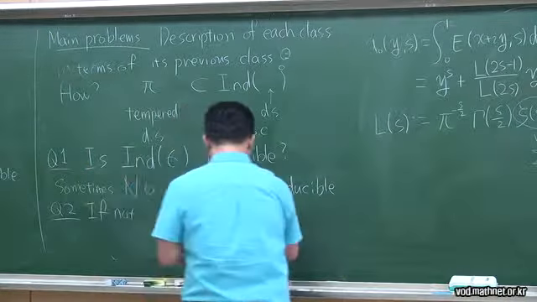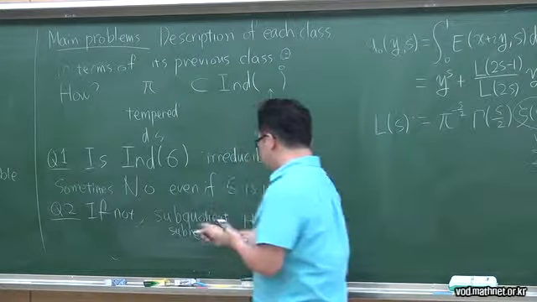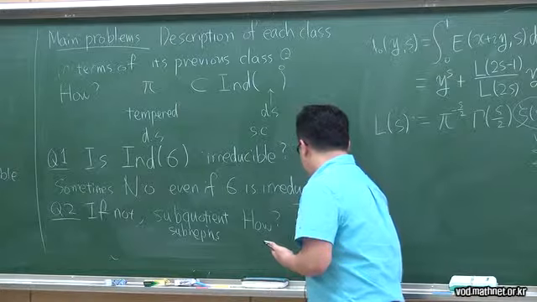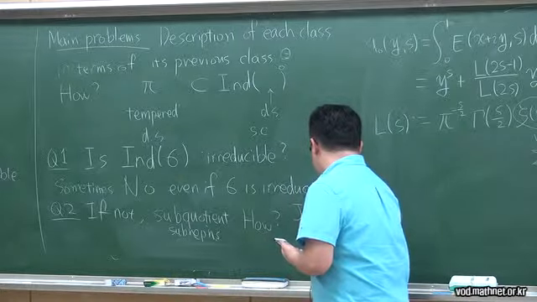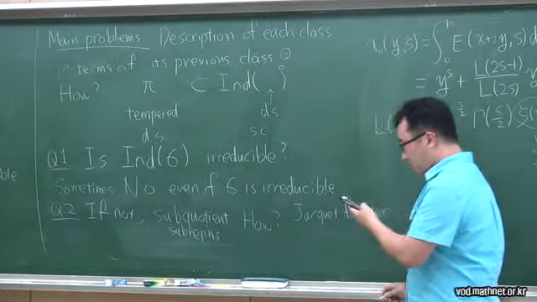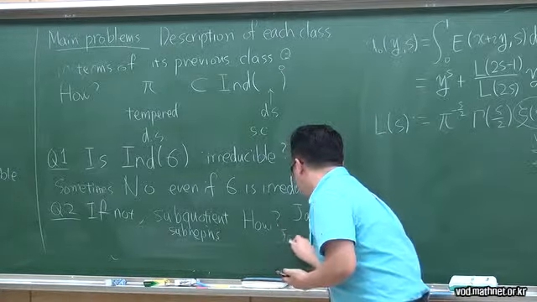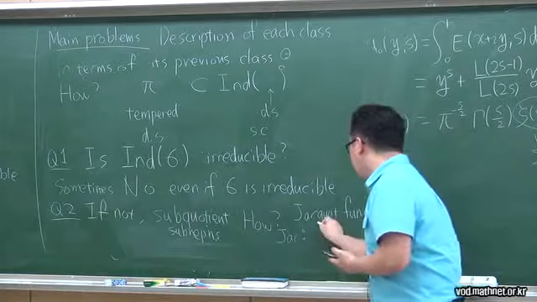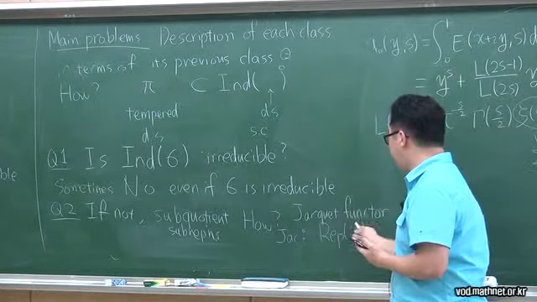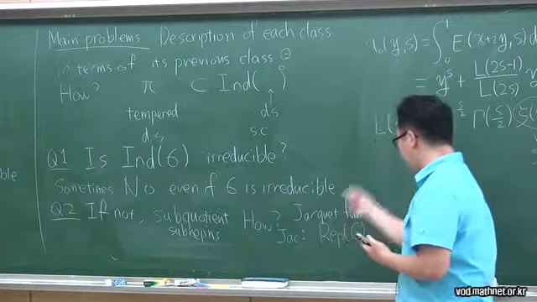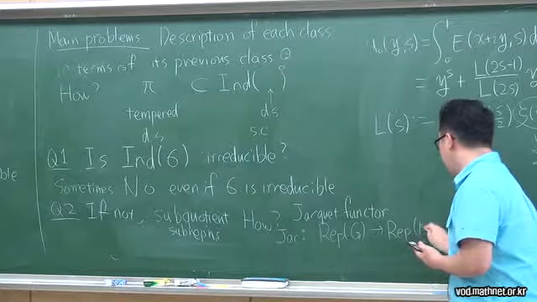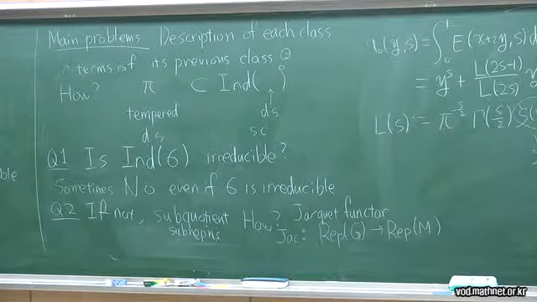And how do we study these subquotients of these induced representations? It is by using the so-called Jacquet functor. The Jacquet functor is also a functor from representations of the original group G, the other way around, to representations of the Levi subgroup.